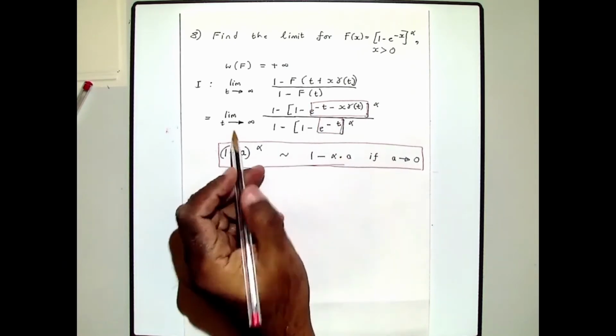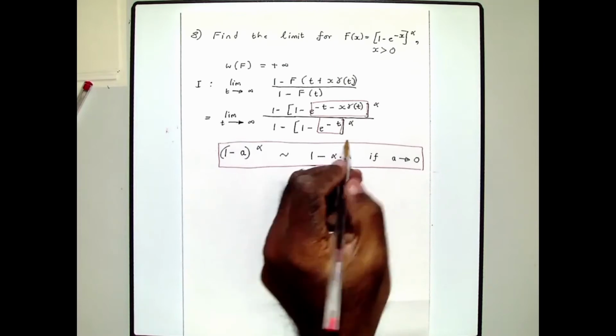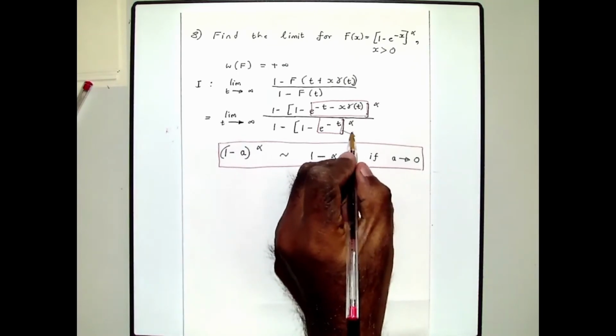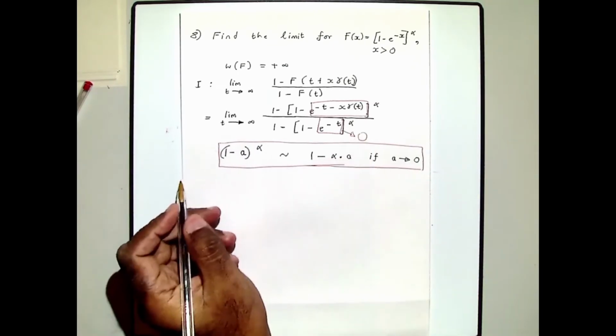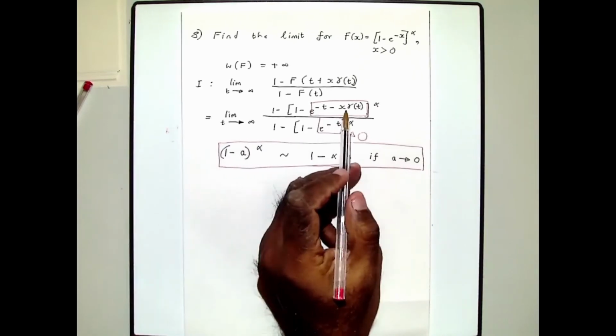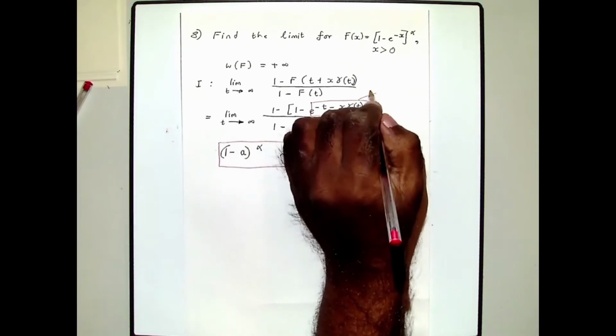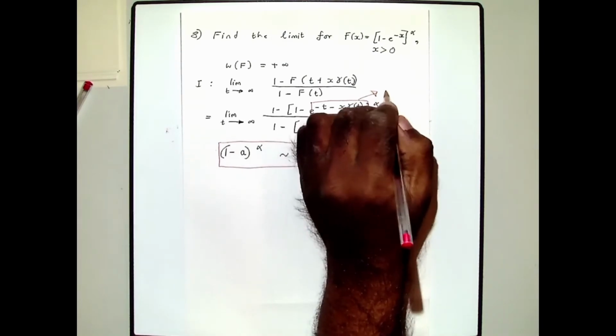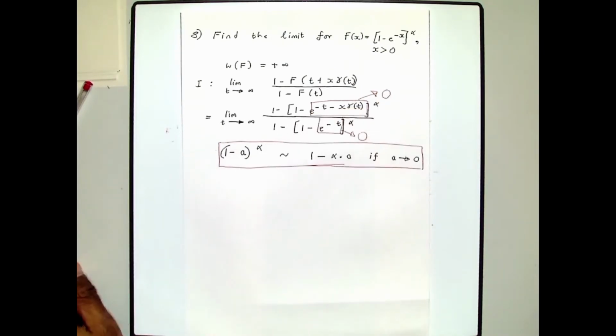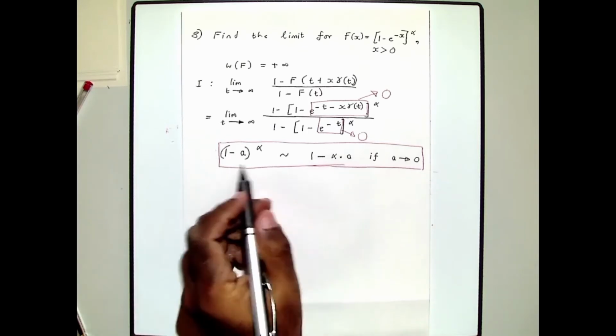As t goes to infinity, e to the minus t approaches 0. And e to the minus t minus x gamma t also approaches 0. All right, hence we can use this result, right?